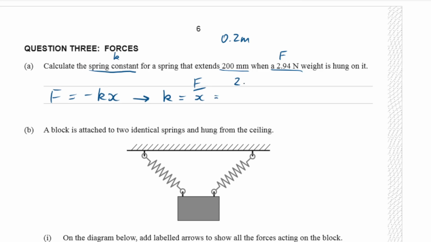And so that's 2.94 newtons divided by 0.2 meters, which gives us 14.7 newtons per meter. Right? Force divided by distance, newtons per meter. Alright, and that is an achieved question.